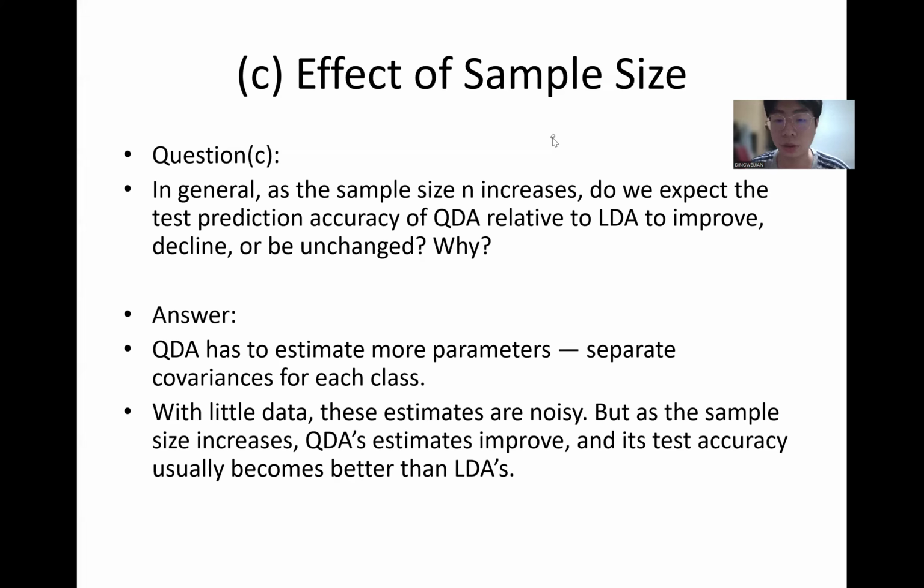When data is small, QDA overfits easily, and LDA using only one covariance works more reliably. As the sample size increases, QDA's estimates improve, and its test accuracy can become better than LDA's.